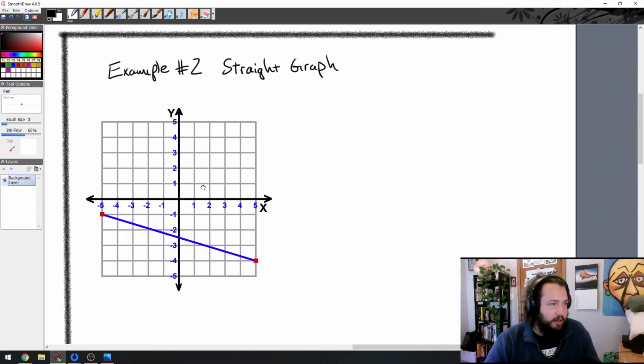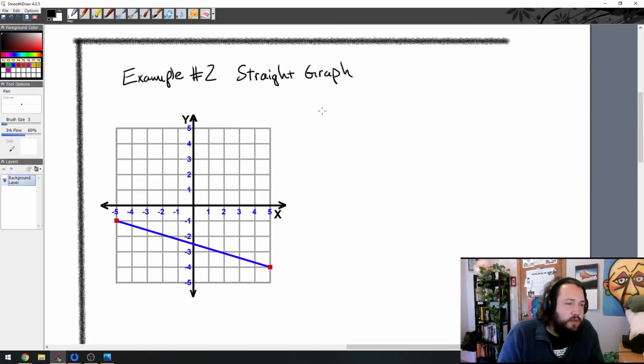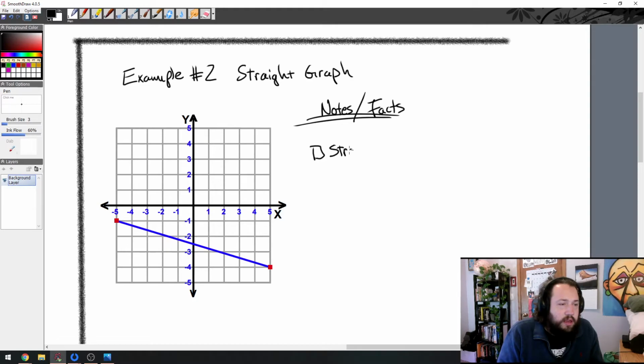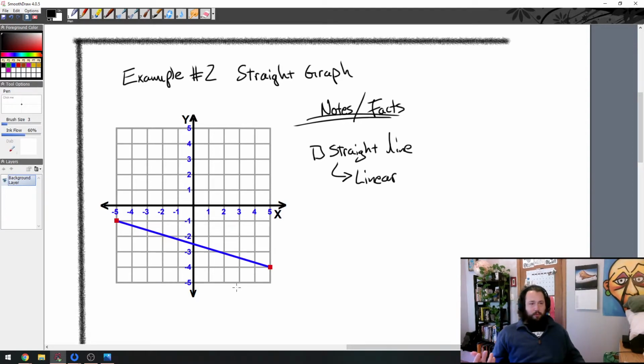So a straight line here, I'm going to do the same exact notes slash facts. Let's start with the first one. It is a straight line. If it's a straight line, that means it must be linear. And we have a lot of things memorized about linear graphs.